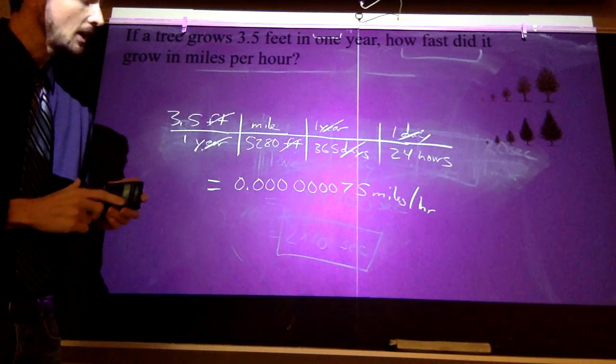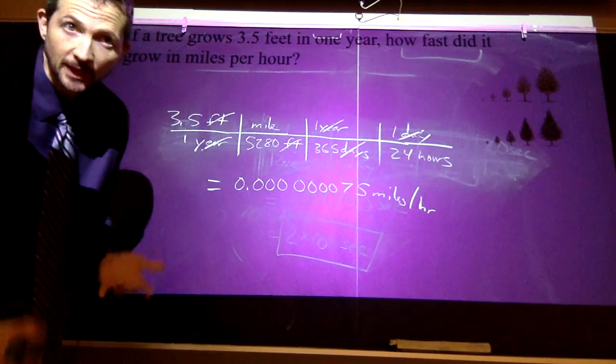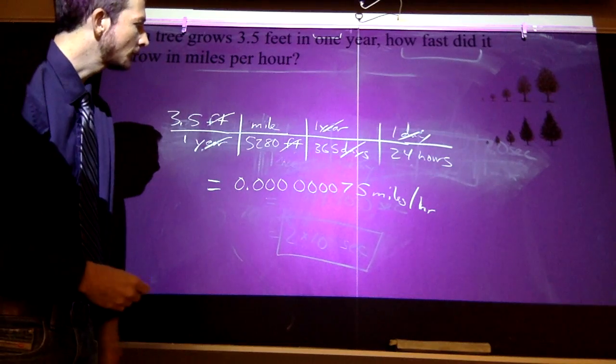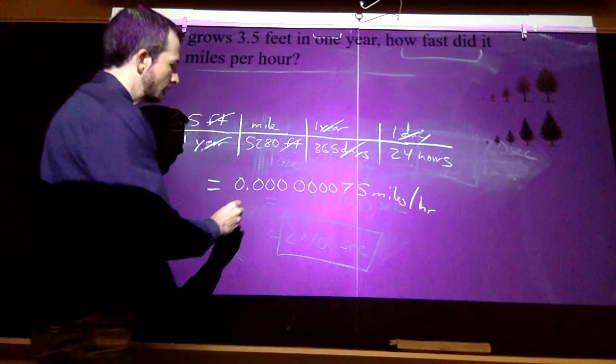And I get a very small number, which is expected because you don't think of a tree growing very fast in miles per hour. I'll put that in scientific notation.